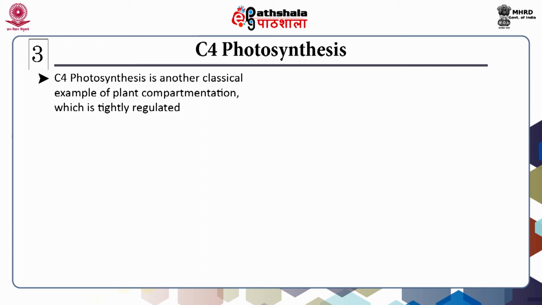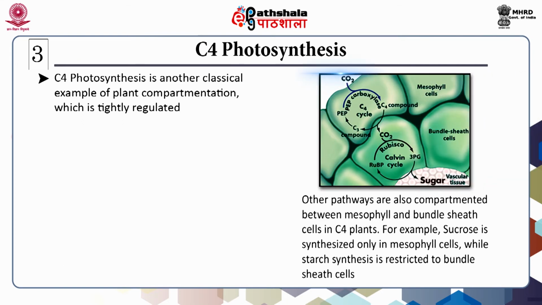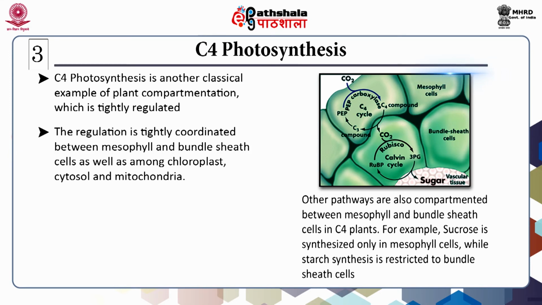Next is the story of the C4 photosynthetic pathway, another classical example of plant compartmentalization which is very tightly regulated. The regulation is tightly coordinated between mesophyll and bundle sheath cells, as well as among chloroplast, cytosol and mitochondria.